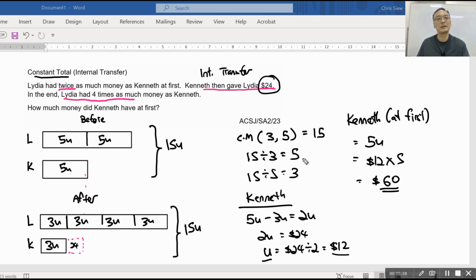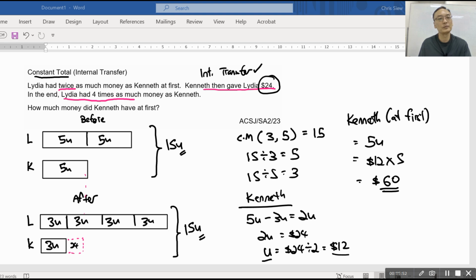So always remember, if one person transfer to the other, an internal transfer will occur, right? When this happen, when an internal transfer happen, always remember that the total will remain constant. Therefore, as we illustrated, if we have 15 units before, we should have 15 units in the end.